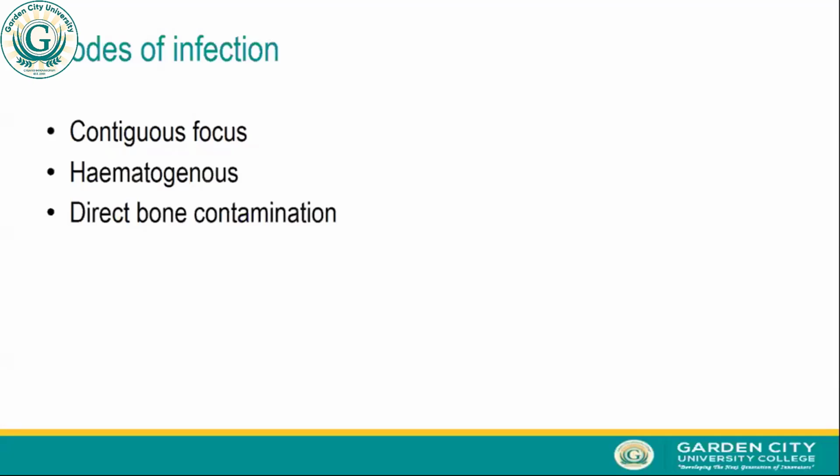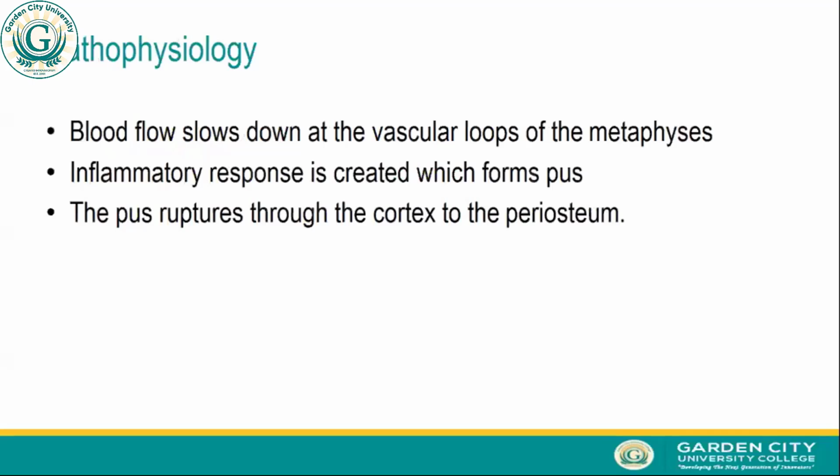Then it can affect the bone as well. I think generally I've talked about the pathophysiology already. So the metaphysis is the common part of the sites where osteomyelitis can affect, and it's mostly also in children. It affects the children when it is the metaphysis.